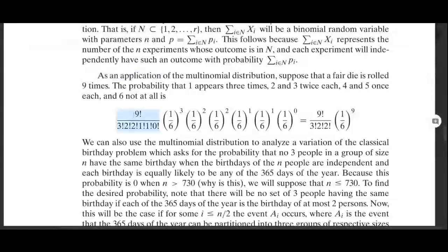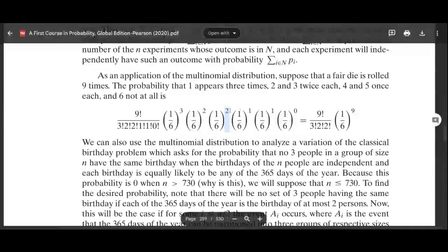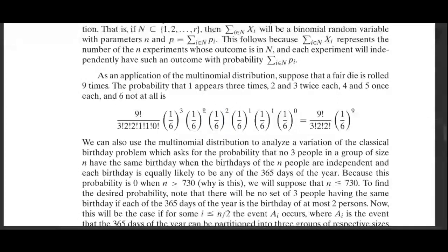Very interesting, huh? 9 factorial divided by each factorial, then 1 over 6 raised to the number of appearances: 1 appeared 3 times, 2 and 3 appeared twice, then 4 and 5 appeared once, and 6 does not appear at all.